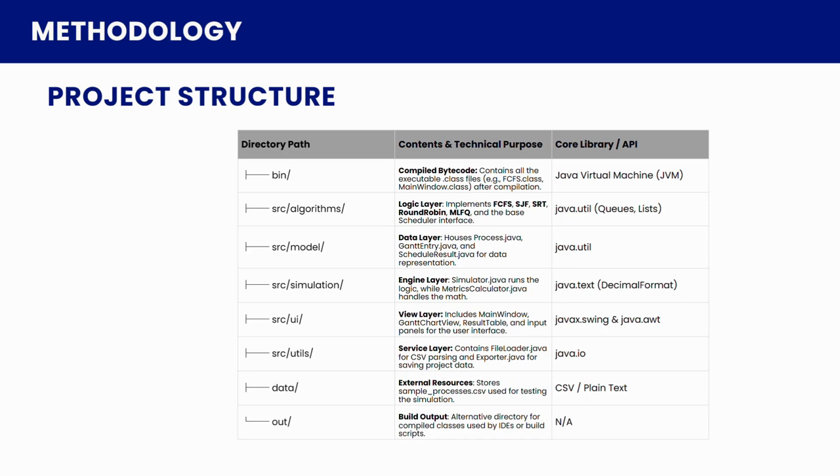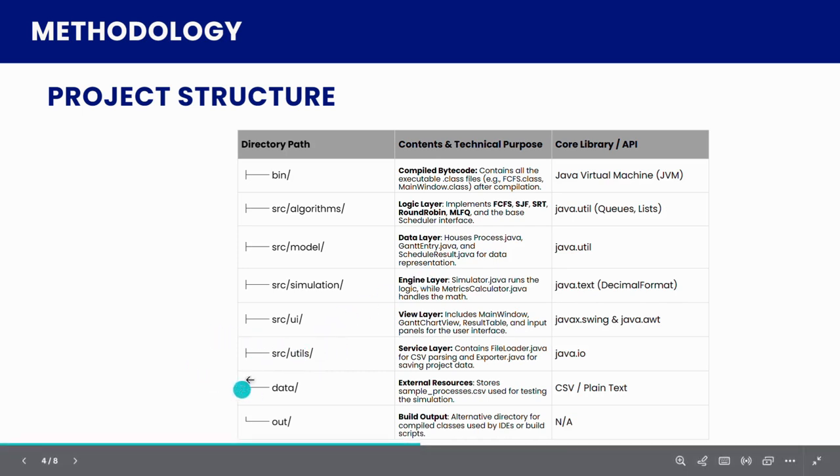That means we use it to run our logic. And the next one is src/ui. UI means user interface. That means we implement the main window, our Gantt chart view, our result table, and also the input panel.